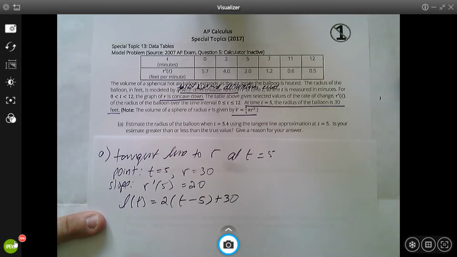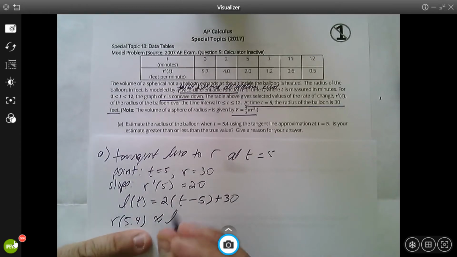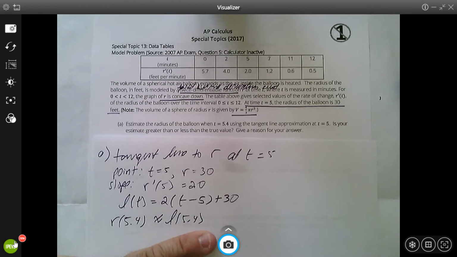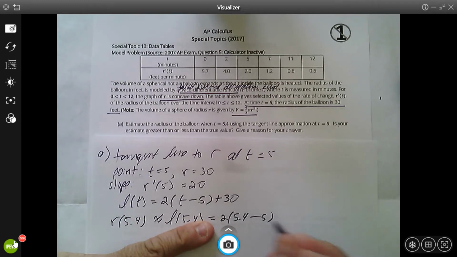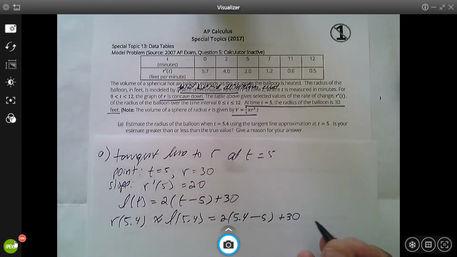So r of 5.4 is approximately what you're going to get using your tangent line to approximate the point at 5.4. So that's 2 times 5.4 minus 5 plus 30. There's nothing in here that says that you need to indicate the units, but what would the units be for the radius? That should be feet.